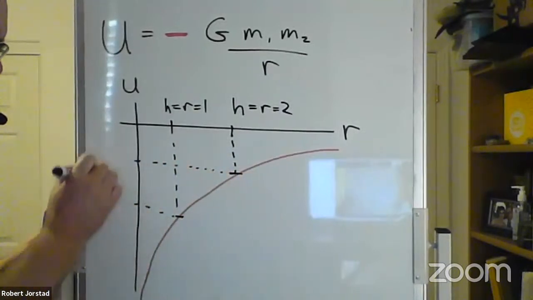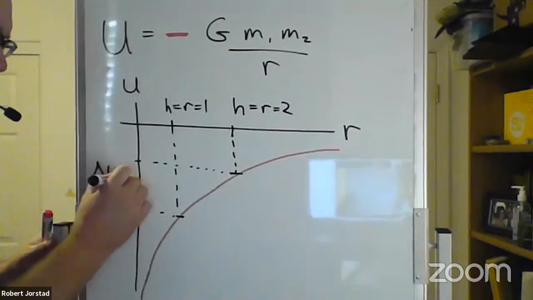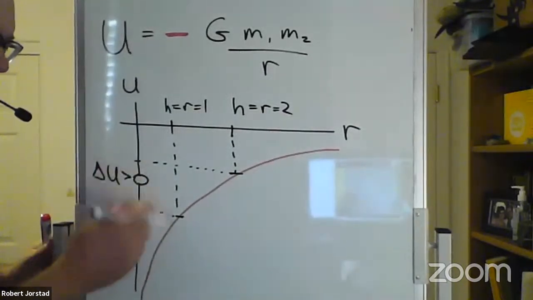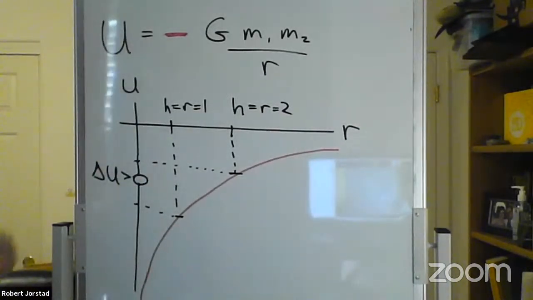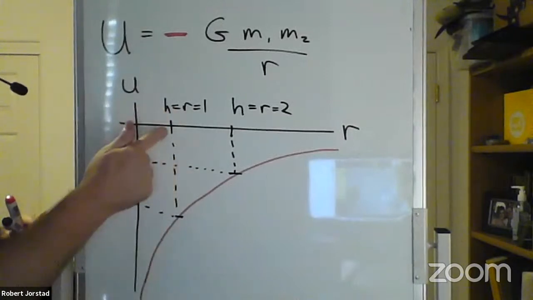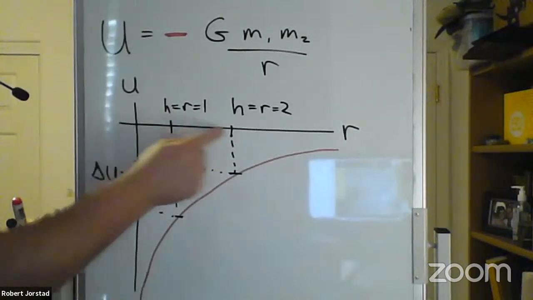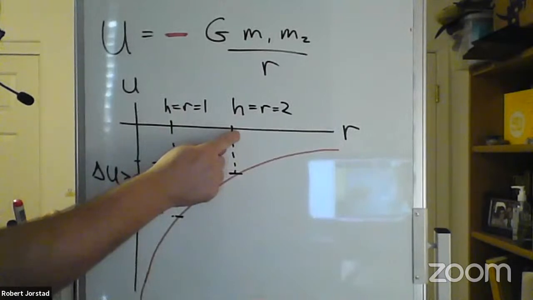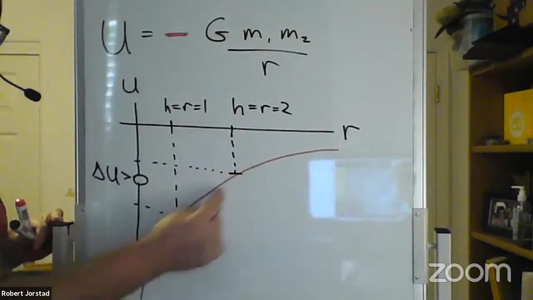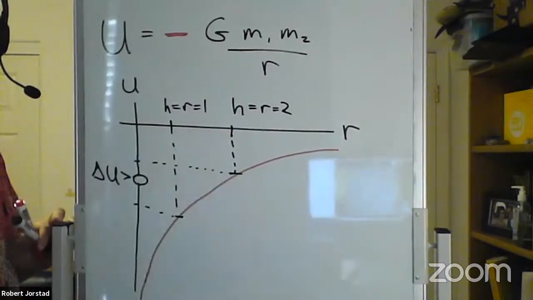Notice your change in energy is positive, even though the energy itself is negative. So again, if you start out close to a planet and then you go higher up, you go to a less negative energy.